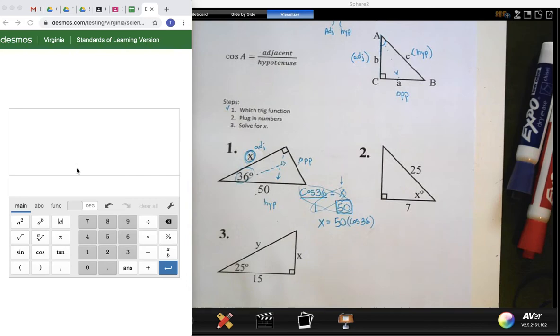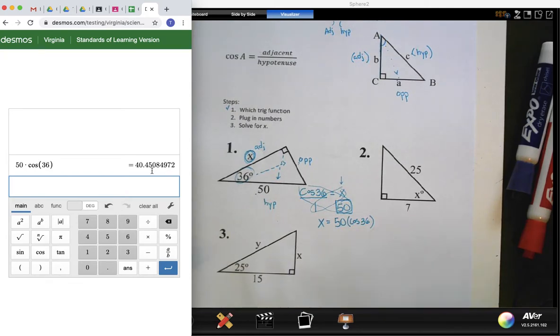So let's go over to our scientific calculator, and to get an exact answer here, I'm going to say 50 times cosine of 36, and your answers show up right here. So that's going to be equal to 40.4508, and so on.